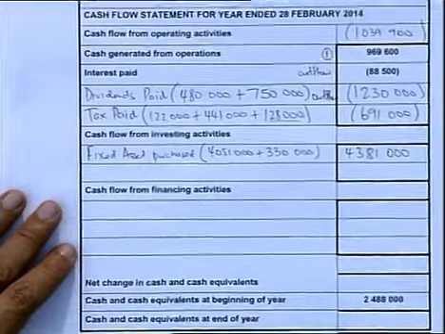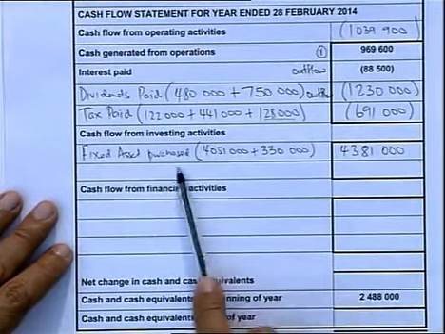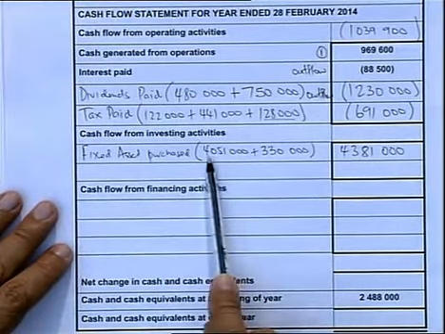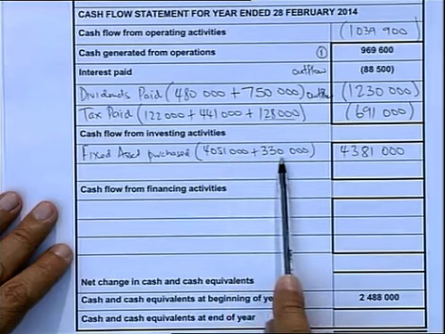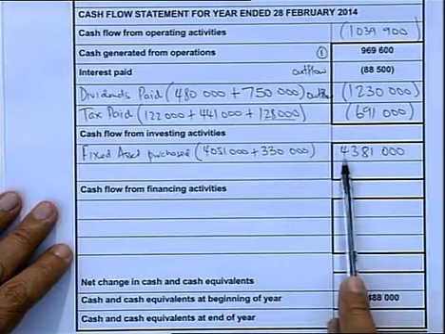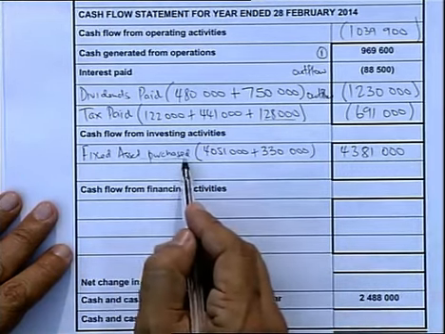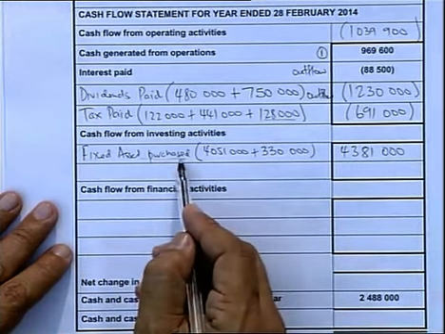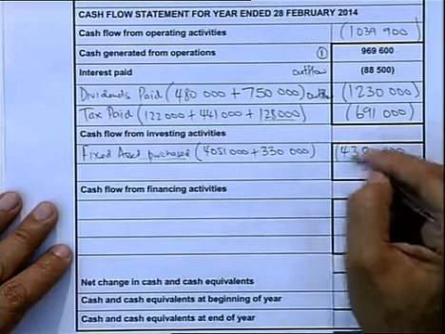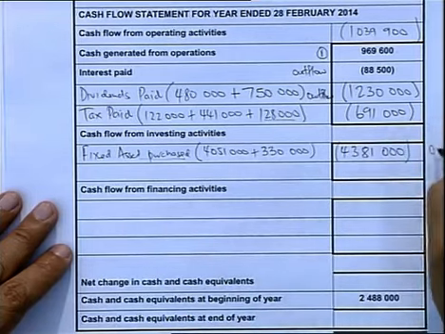Right, let's just repeat that quickly. It says fixed assets purchased, 4,051,000 plus 330,000 gives you 4,381,000. We are buying, money is leaving the company, so the total will have to go in brackets indicating an outflow.